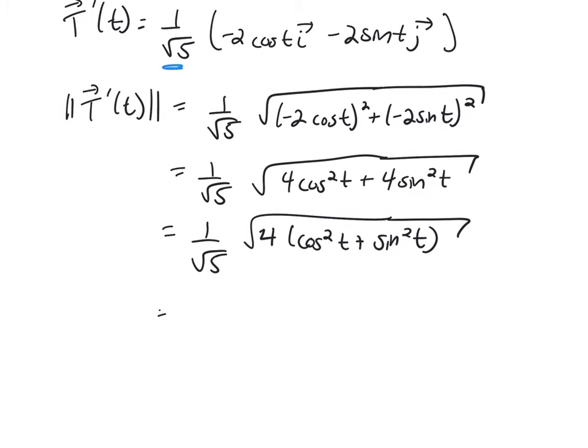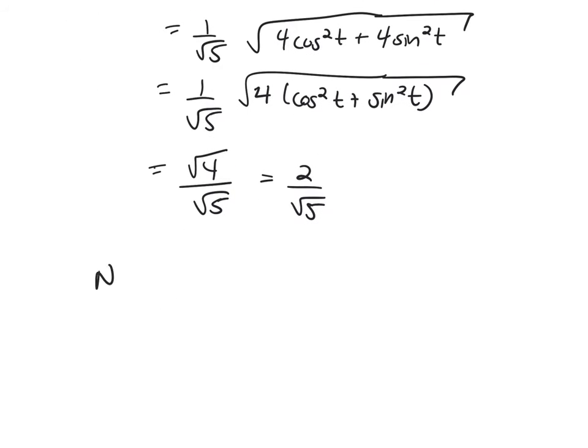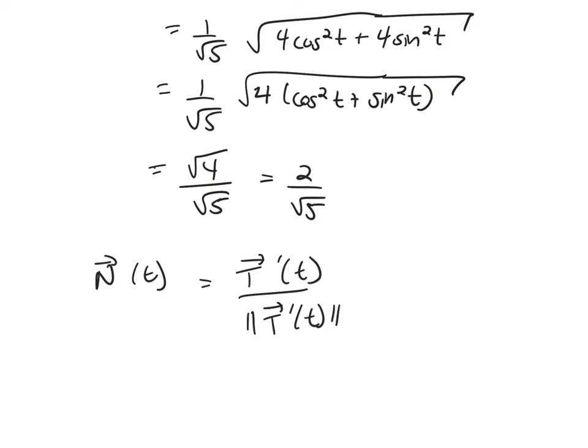So I'm left with the square root of 4 over the square root of 5, or 2 over the square root of 5. So then to get our vector N, we're going to take T prime and divide by the magnitude of T prime.